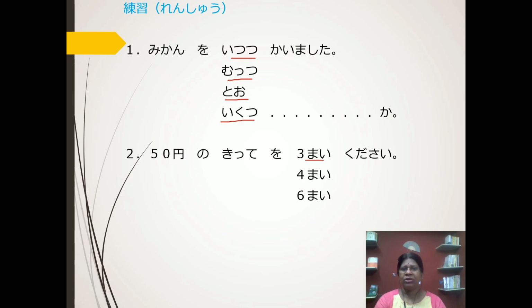Goju en no kitte o 4枚kudasai. Okay. Goju en no kitte o 6枚kudasai. Okay. Because kitte, a stamp, is a flat thing, the counter suffix is mai.